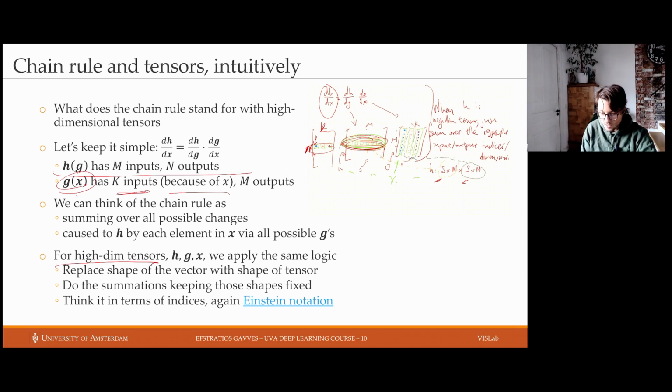Other than that, the operations that take place are exactly the same. And this is why I mentioned Einstein notation before, because with the Einstein notation, we can perform this mental switch very easily. We just replace one index with a pair of indices, or with 3 indices, and that's it.